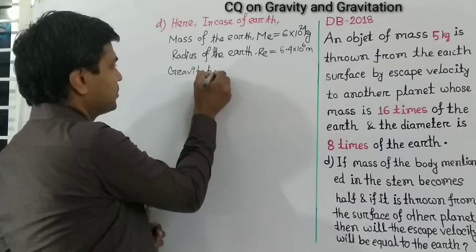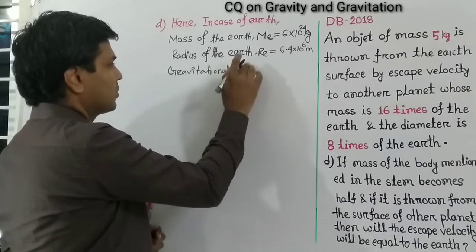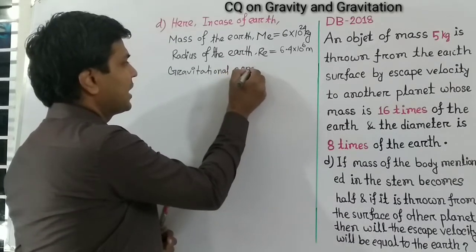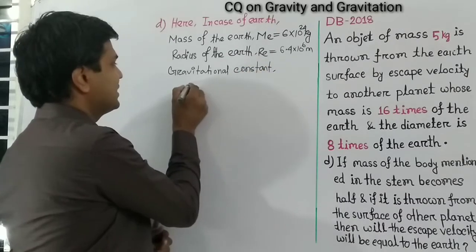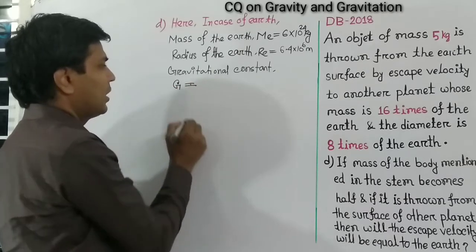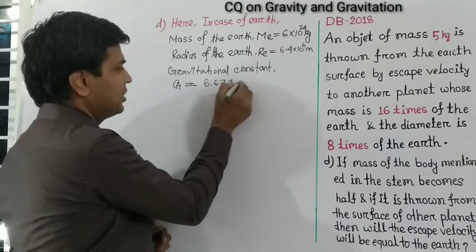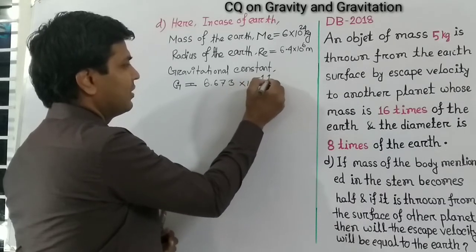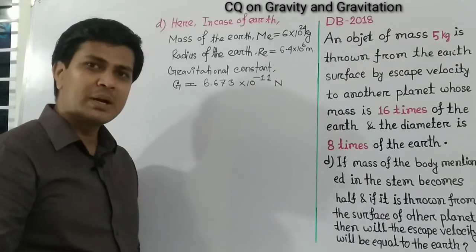gravitational constant, which is denoted by capital letter G, and which value is 6.673 into 10 to the power minus 11, and unit of gravitational constant is Newton meter square per kg square.